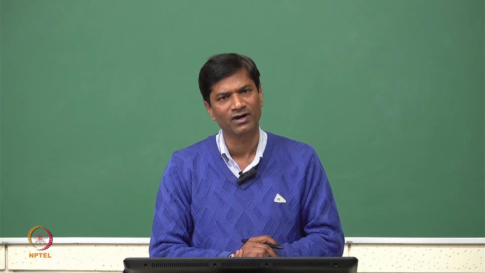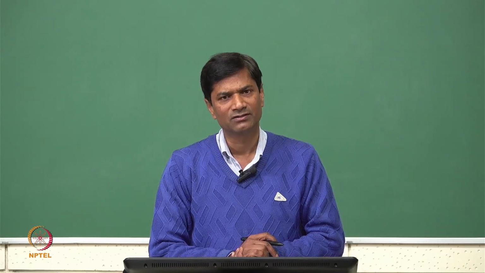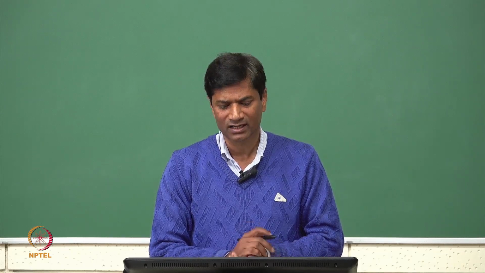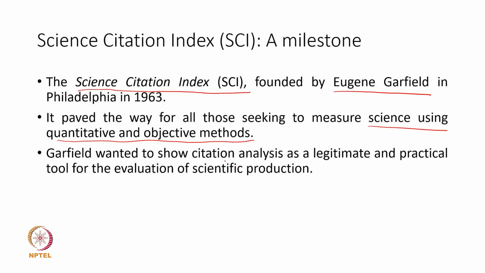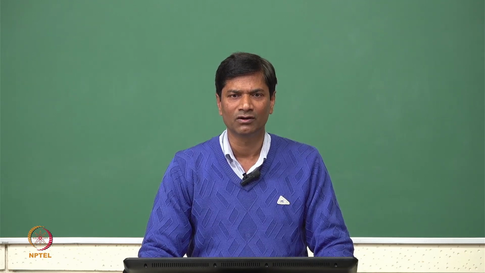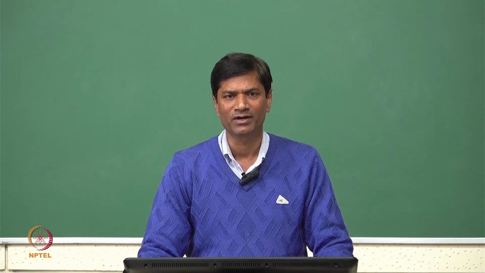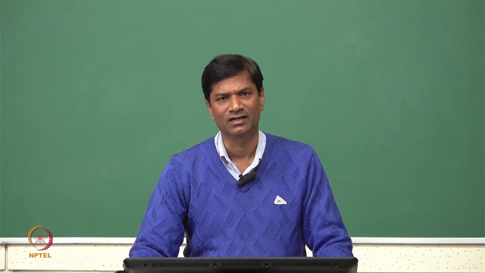When Eugene Garfield founded this in 1963, his aim was to use citation analysis as a legitimate and practical tool for the evaluation of scientific productivity, and this was the most important step that happened in science communication.